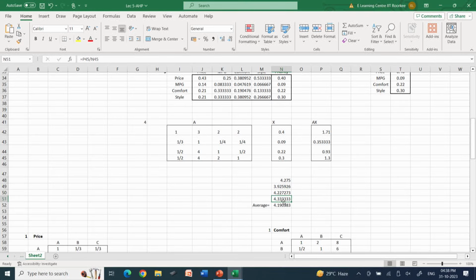Then 1.3 upon 0.33, we are getting 4.33. So the average value of these 4 values is nothing but your lambda max. So the lambda max is 4.190. Now I will go back to my presentation.